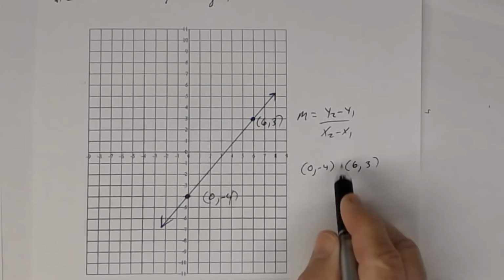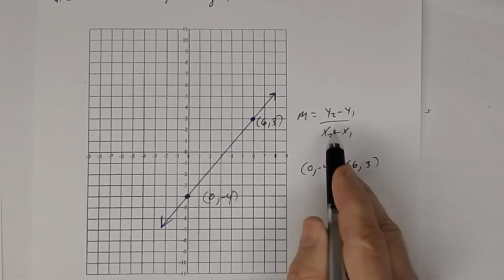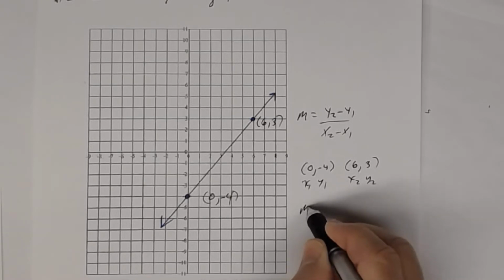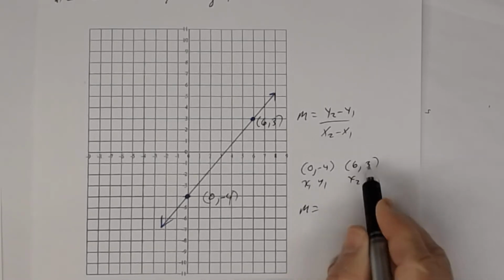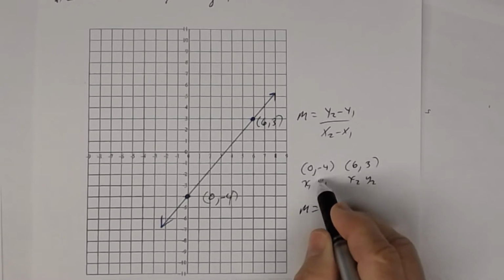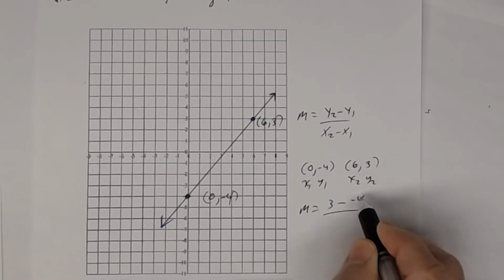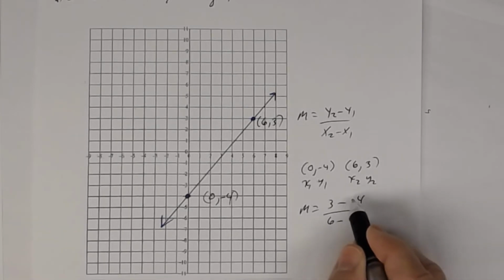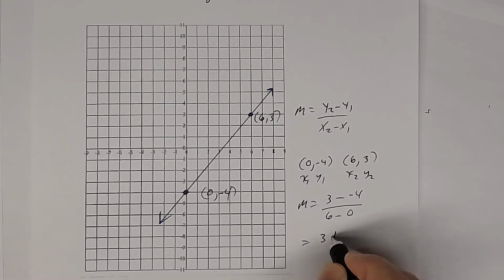And then we can use these 2 points to find the slope. So this will be x1, y1, x2, y2. So the slope equals y2, which is 3, subtract y1, which is a negative 4, divided by x2, which is 6, subtract 0. Well, 3 subtract negative 4 means 3 plus 4, right?